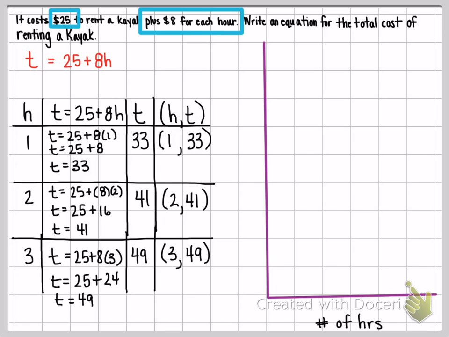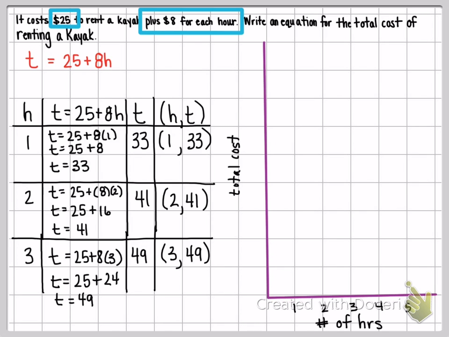And on the side, I am going to have the total cost. I have to figure out what's best for my intervals when it comes to my T's. Now my hours are easy. I can go by ones because I went by ones.